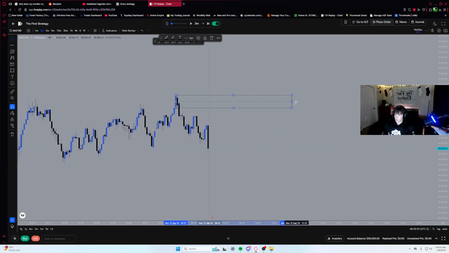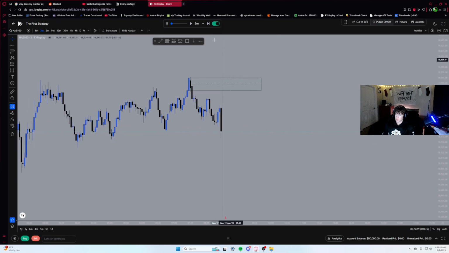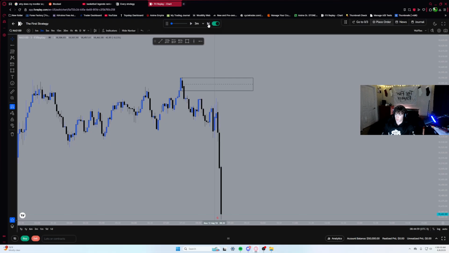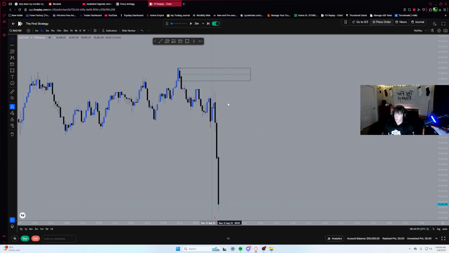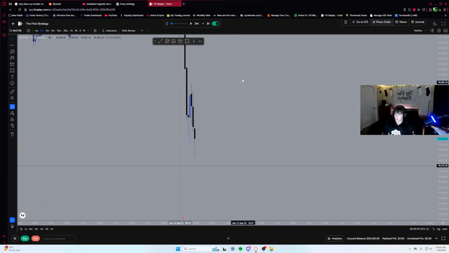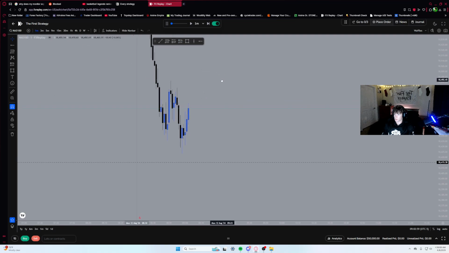Order block. Refuses to retrace to it. That's lovely. Liquidity sweep. Order block. That's entry right there. I want to see a reaction on the 1 minute off of it.